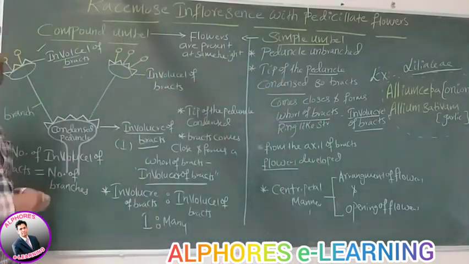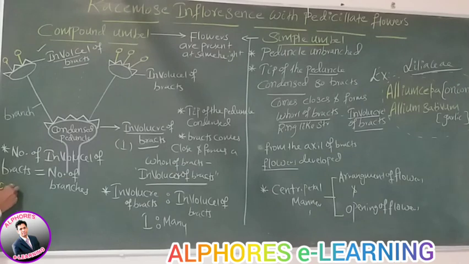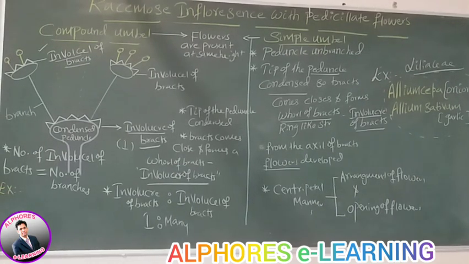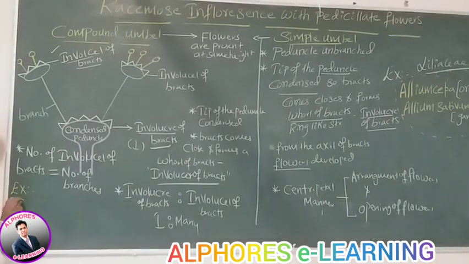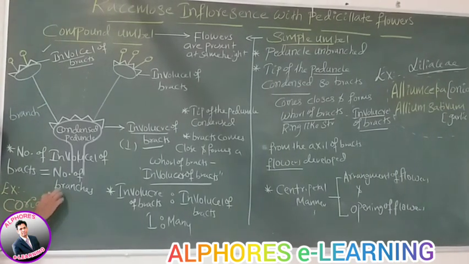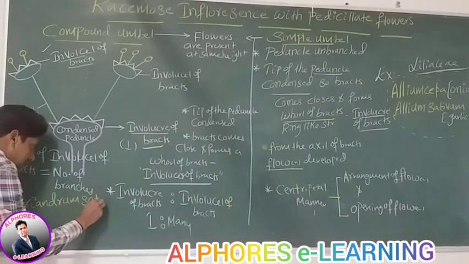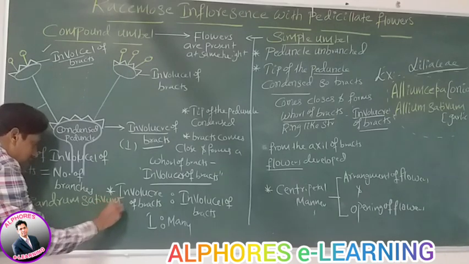Now go for examples of compound umbel. The first one is Coriandrum sativum.